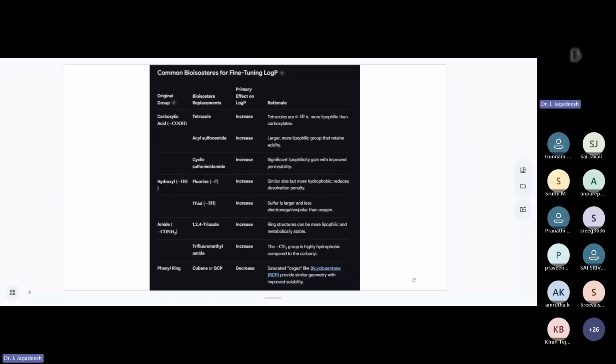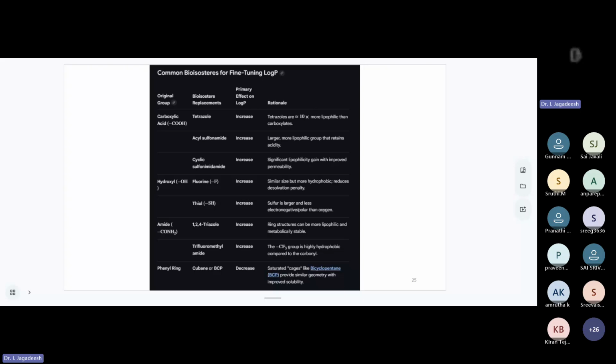This is because tetrazole is 10-fold more lipophilic than carboxylate, so it increases the log P value. Sometimes where the secondary constraint is dominating to make a drug-like molecule, we can use this bioisostere strategy in fragment-based design.